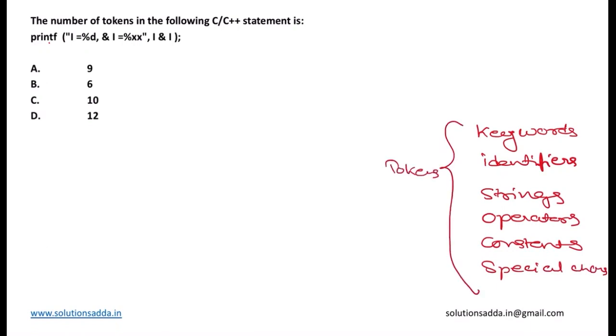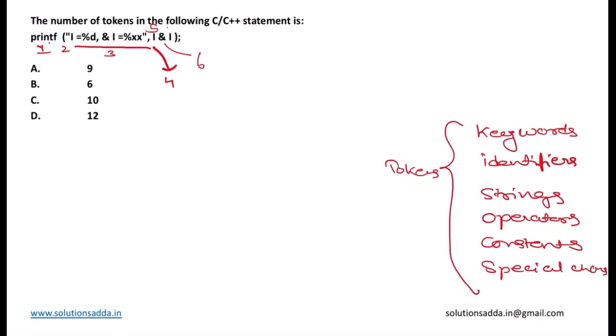Let us count the number of tokens here. Printf is the first token. Opening parenthesis is the second token. Anything enclosed within quotes is considered a single token, so that is 3. This comma is the fourth token. This i is the fifth token. This ampersand is the sixth token.